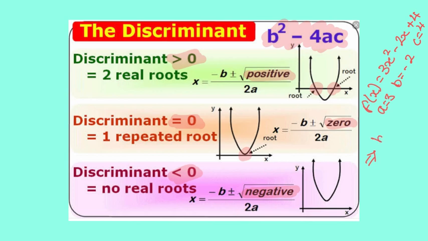Therefore, b squared minus 4ac is equal to minus 2 squared minus 4 times 3 times 4, which equals 4 minus 4 times 4 is 16 times 3 is 48, which is negative, therefore 0 roots.